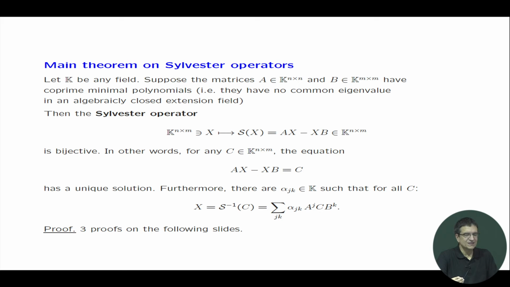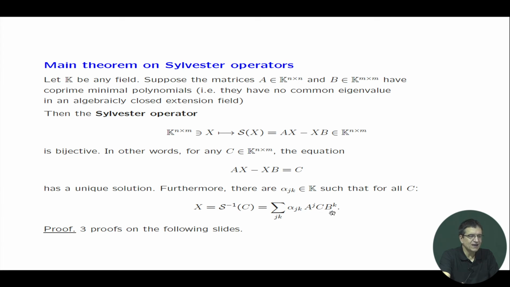To compute the solution X from the data. And the data are A and B. At least I can say that the solution of this equation can be written in this form. Here is the right-hand side, and this is multiplied from the left and the right with powers of A and B. So there is a polynomial, in fact, a polynomial in two variables.